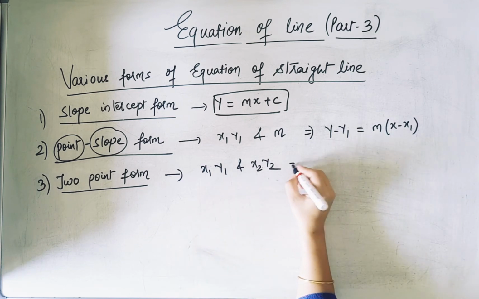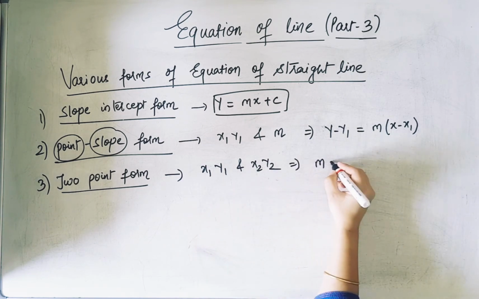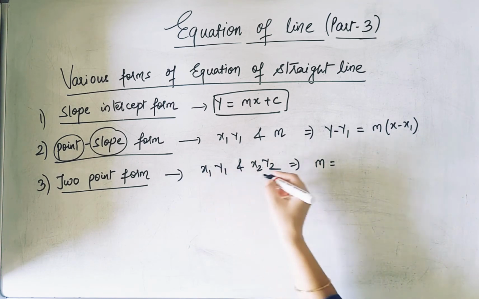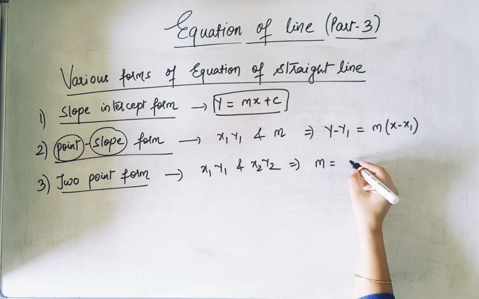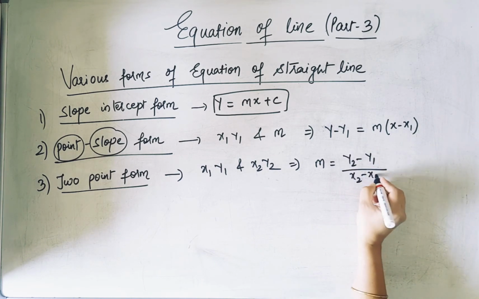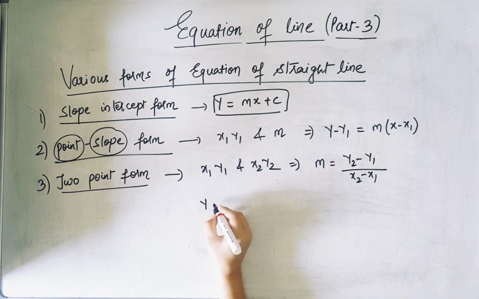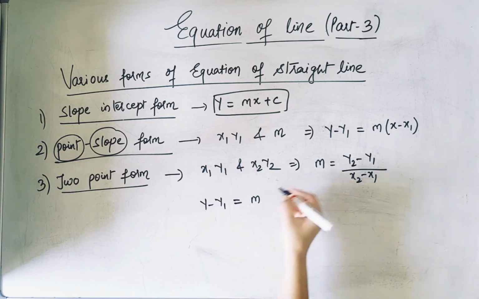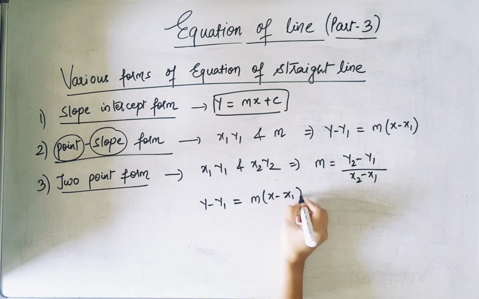In this case we'll find m. We have studied in our part 2 video that if 2 points are given we can find slope. So slope will be y2 minus y1 upon x2 minus x1. Then equation of line will be y minus y1 equals m, which we found from here, into x minus x1.